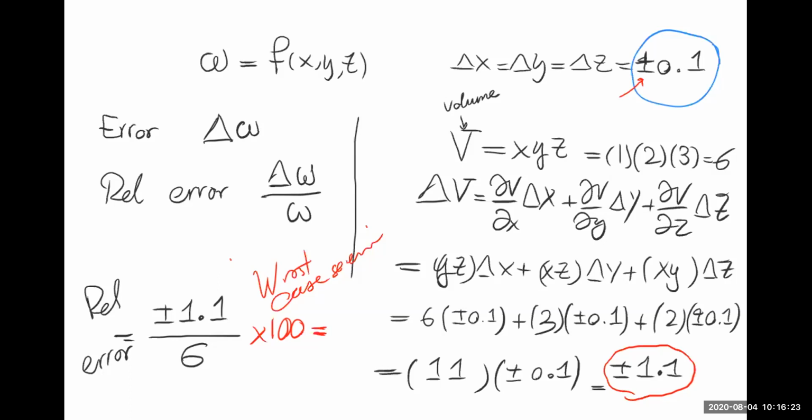It's almost 18%. So here we have 18% error. That's the amount of relative error. If we express it in terms of percent, if they say we have like 18% error, that's what it really means. It's the relative error multiplied by 100.